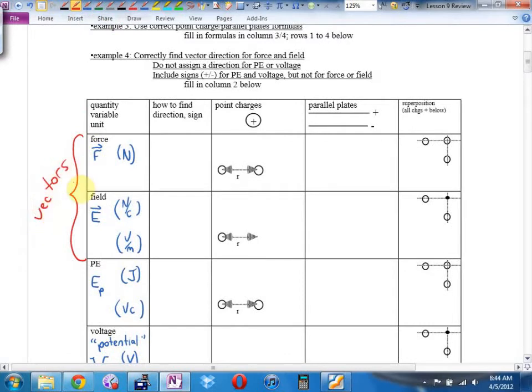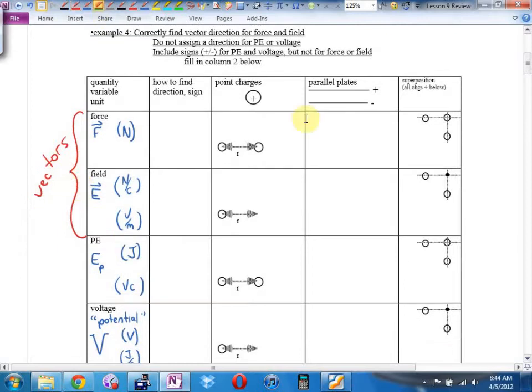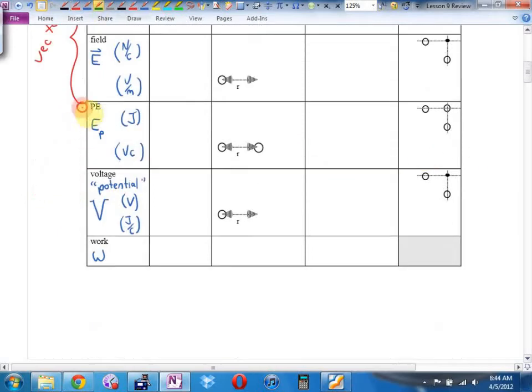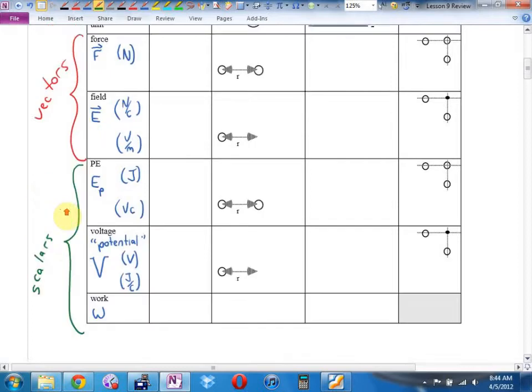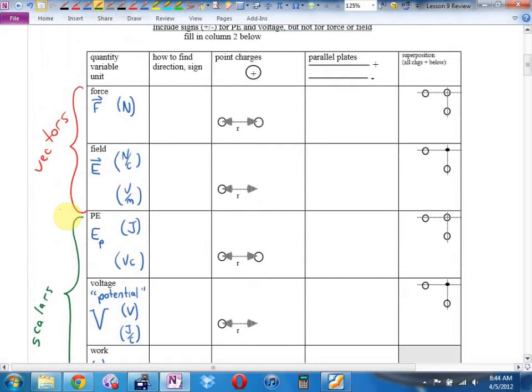Vectors. These ones are scalars. For forces, how do we figure out which way the force was?